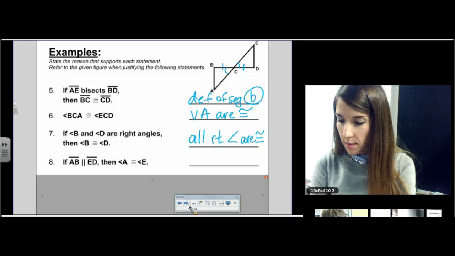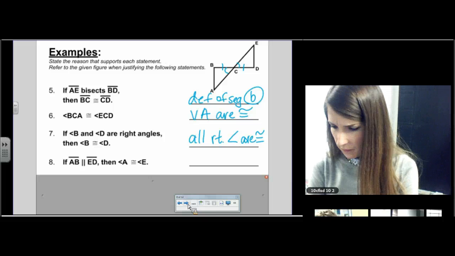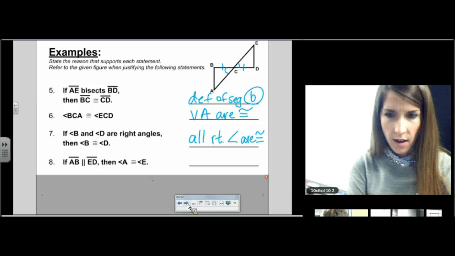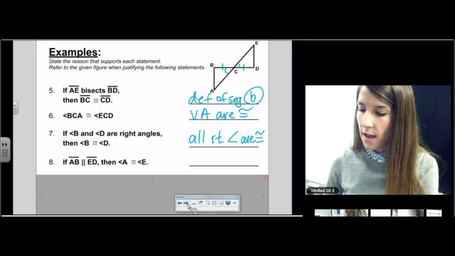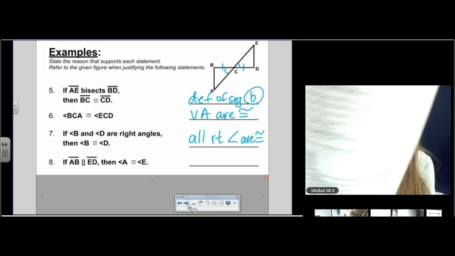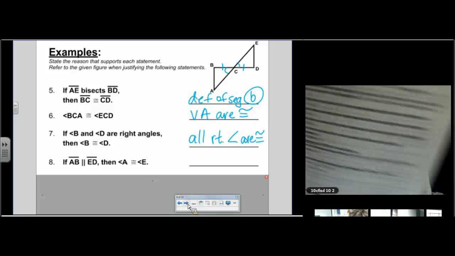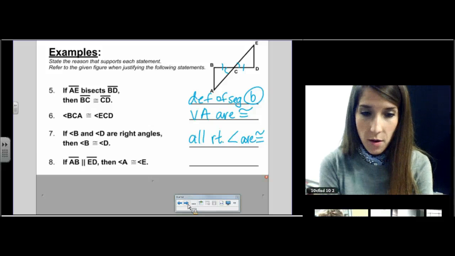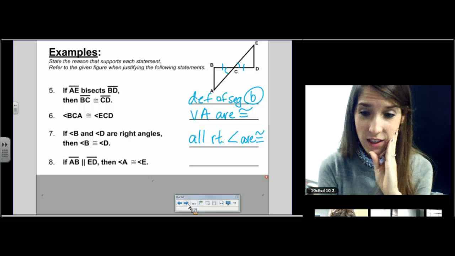Everyone go look at number 29. It says, if two lines are parallel, then alternate interior angles are congruent. Look below those bold letters. There's a shortcut there, and you're allowed to write that shortcut.